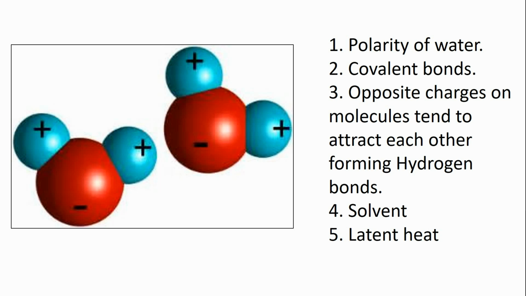But before we get on to plant water relations, we really have to understand the unique properties of water, because if we don't understand the unique properties of water, we're not going to understand what makes water so unique. So the first thing we need to remember is the polarity of water.